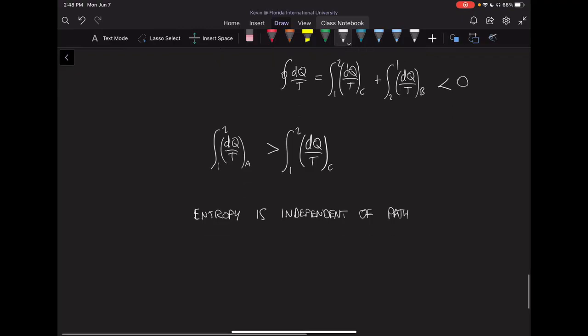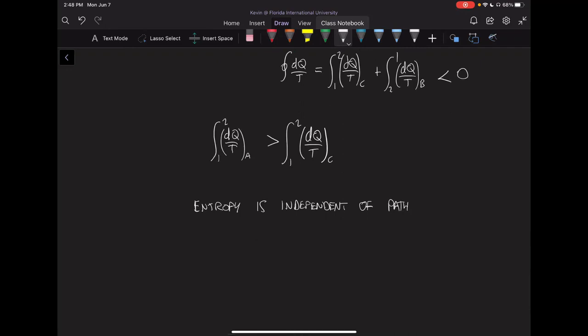Well, that means that we can write also that the integral from 1 to 2 of dq over T for A is equal to the integral from 1 to 2 of dS of A, which is also equal to the integral from 1 to 2 of dS of C.